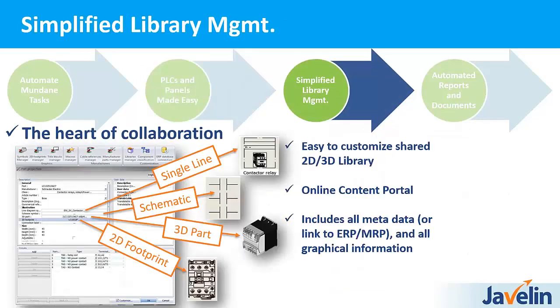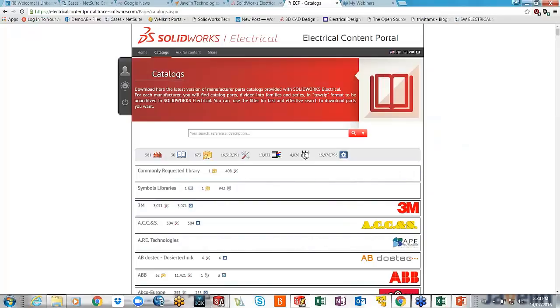Everything that's run in SolidWorks Electrical is run based on the collaboration environment, and the heart of it is the library information. One of the things that I like to usually bring to everyone's attention is there's an online portal that's free to all the SolidWorks customers. There's 16 million parts, and they're still adding almost continuously.